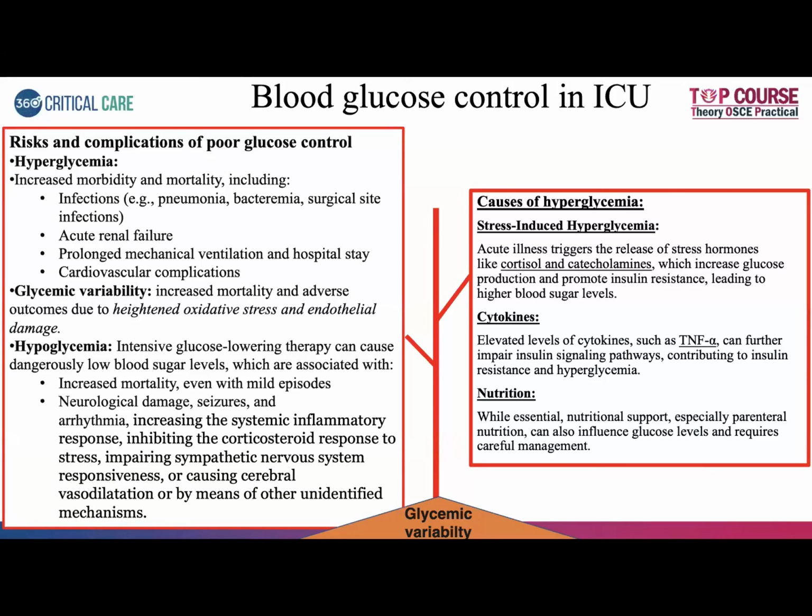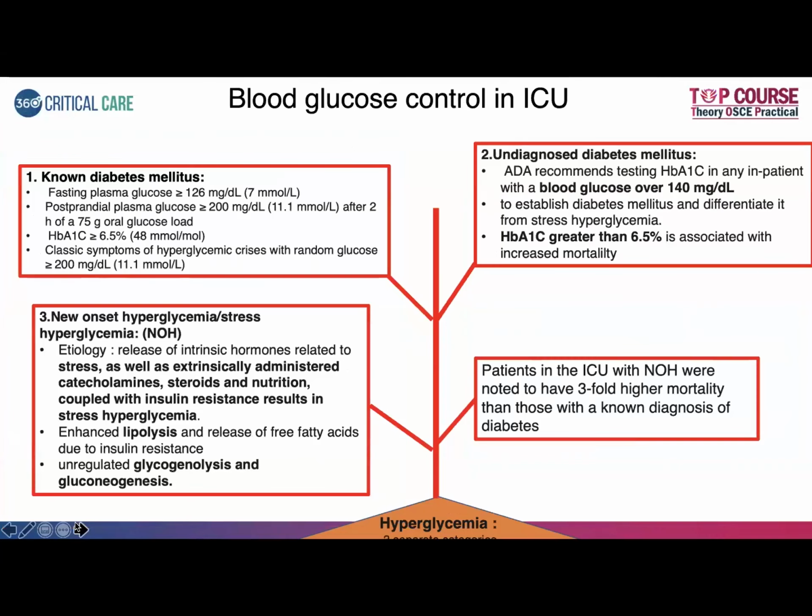Second, an increase in the cytokine levels, such as tumor necrosis factor alpha, contributing to insulin resistance. Third, the nutritional aspect might be compromised. The nutritional aspect also plays an important role, especially parenteral nutrition. So these are the three important factors.